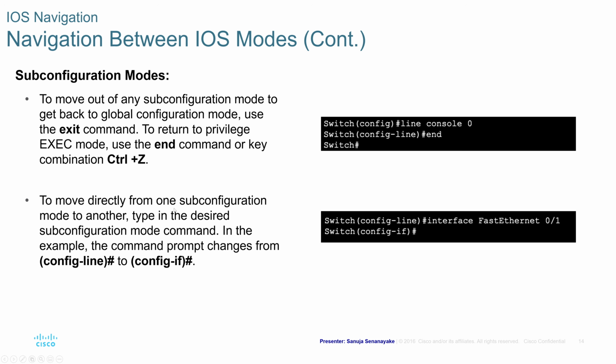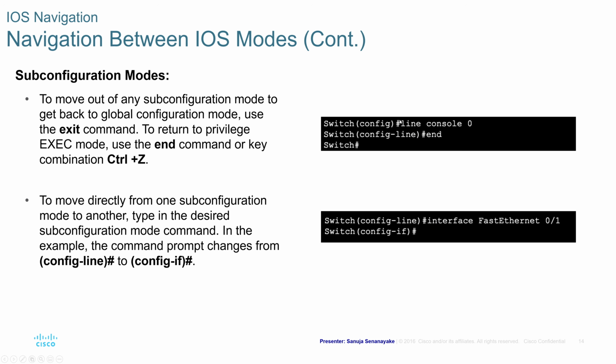To move directly from one sub configuration mode to another, just type the desired sub configuration mode into the command. For example, here they have the interface, going from line console to the interface.